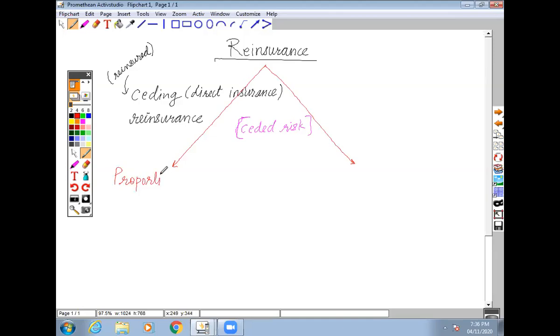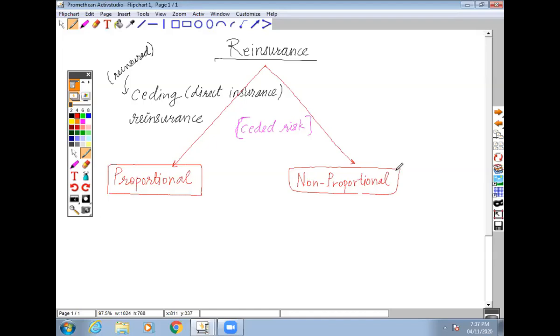Would anyone want to guess what must be happening in here? Is it something like some portion of the insurance is reinsured? So you're saying some portion of insurance is insured by the reinsurance company, not the entire portion. Yes, that will be the case always, right?